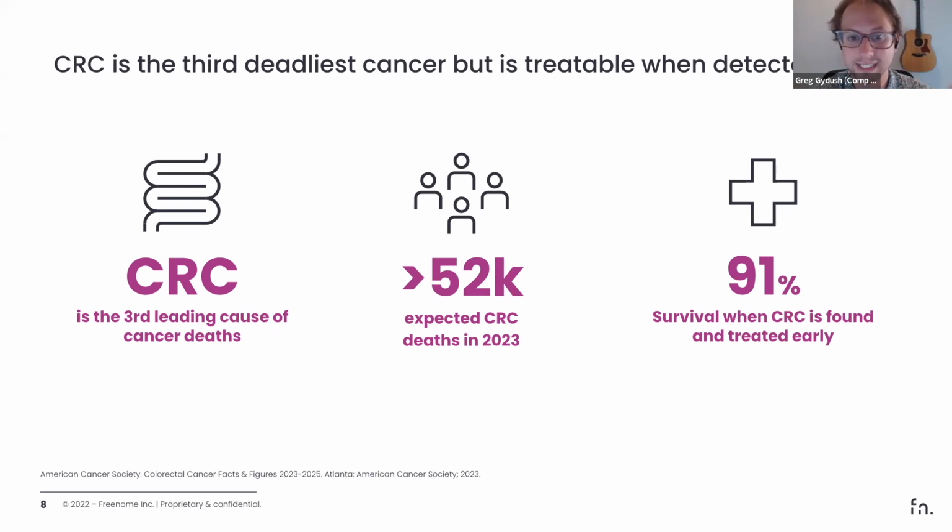And early detection technology is improving rapidly, and if you catch colorectal cancer early, it actually has a 91% survival rate. So really great if you catch it early. For later stages, that survival rate plummets. So we really think that early detection is really the key to fighting colorectal cancer.